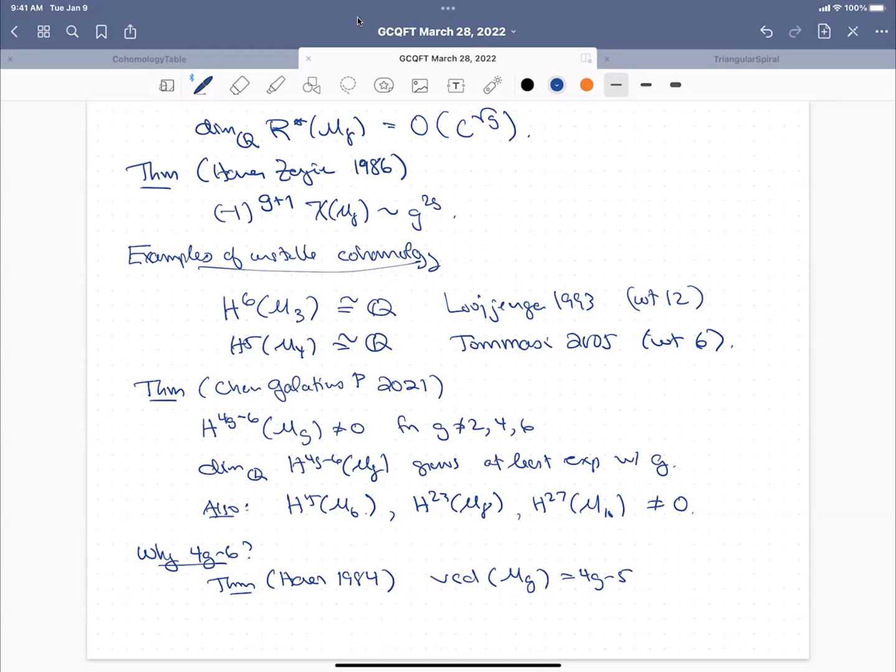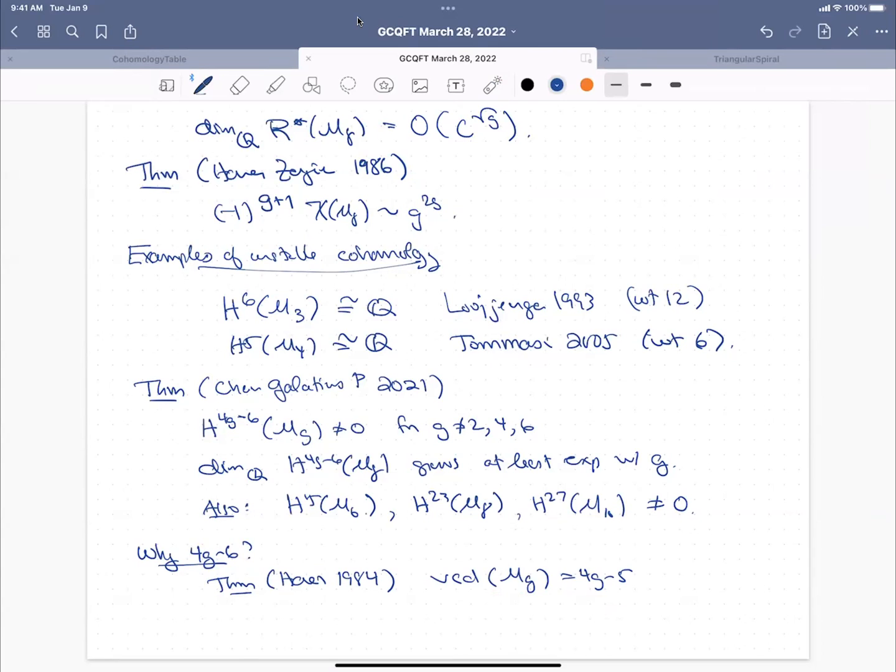There is a local system, the Steinberg module, which has cohomology of rank 1 in degree 4g minus 5. And the Steinberg module for the mapping class group is the reduced homology of Harvey's complex of curves. So that's an infinite rank local system.